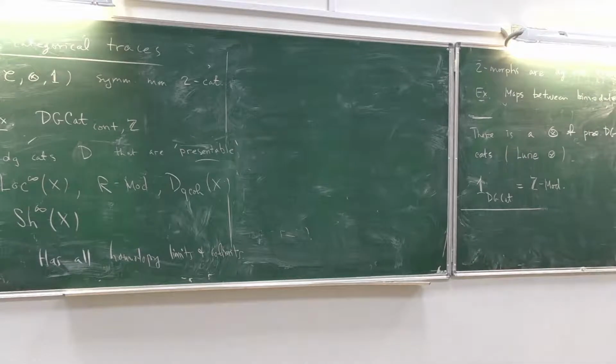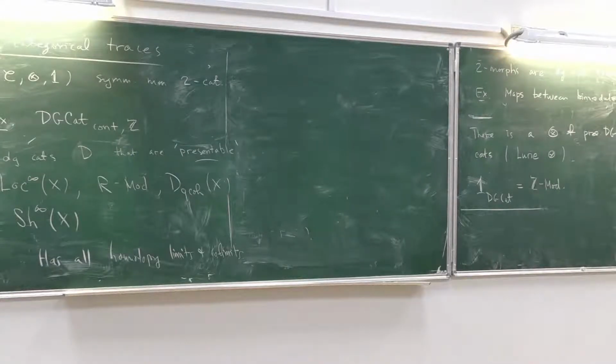Usual R models as, so, as a category of just models, not DG models. Is it inside?